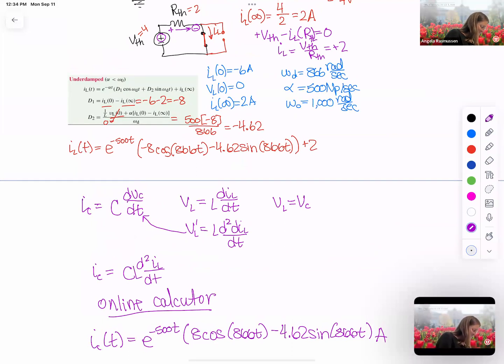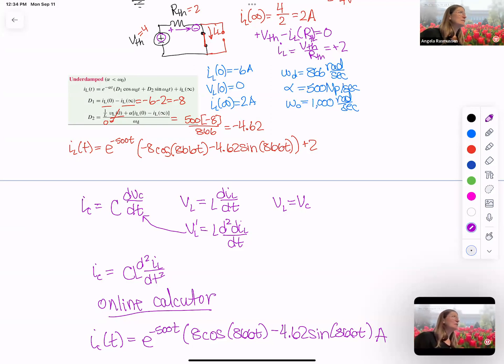So, oh, yeah. There, that should be there. I did do that in the actual calculation, but yeah, it should be LC d squared IL dt squared. I missed the squared there too.